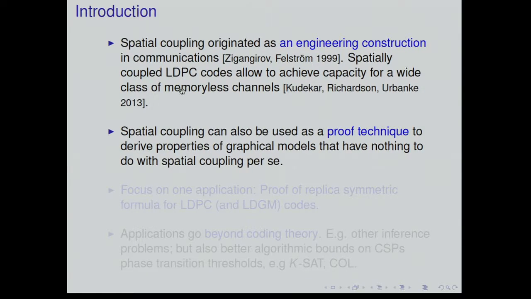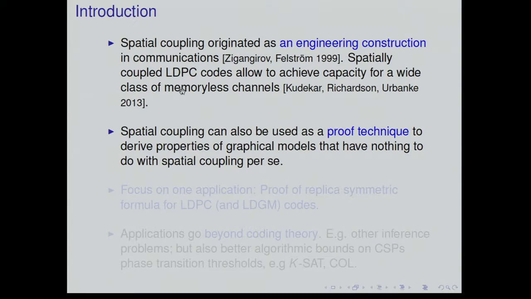However, I want to determine exactly their thresholds. So what is, if you wish, the capacity for these standard codes. And so we want to determine the information theoretic limits of these standard LDPC codes. And I'm going to use spatial coupling, but as a proof technique.